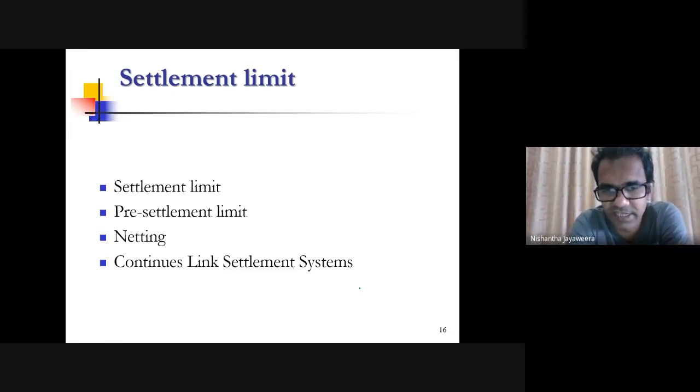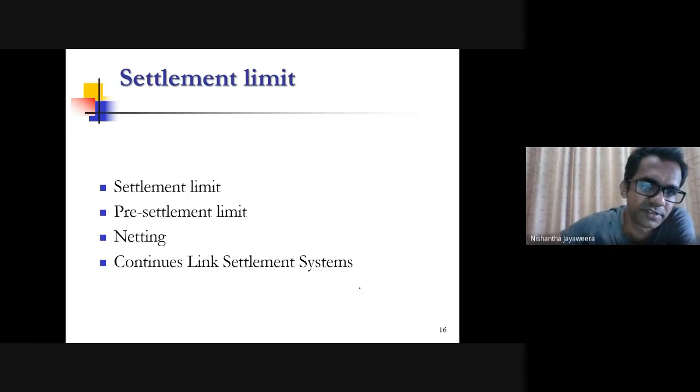If you measure it in the notional amount, whatever the transaction volume that you did, then it will be much bigger than the settlement limit, because there can be outstanding transactions to be settled on different days into the future.